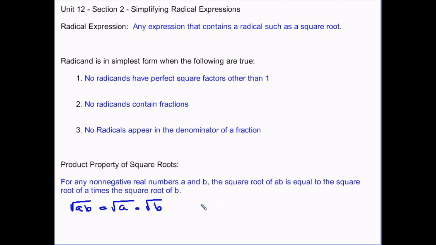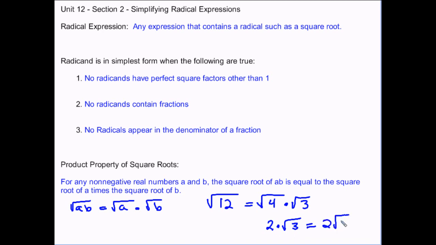So, for example, the square root of 12, what we just used, is equal to the square root of 4 times the square root of 3. And the square root of 4 is 2. I can't simplify the square root of 3.